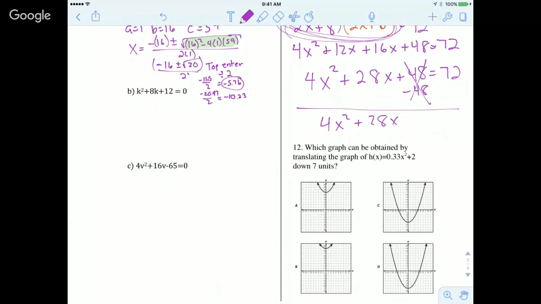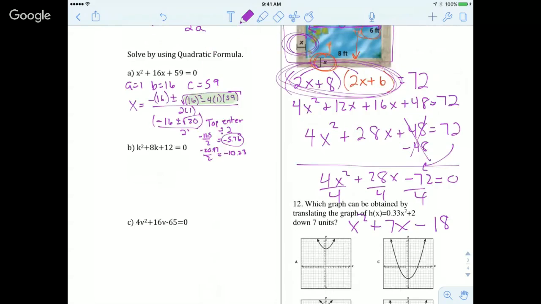And you have to move the 72 over. So move the 72 to this side. It's minus 72 equals 0. Divide everything by 4: x squared plus 7x minus 18 equals 0. And then last but not least, we want to factor.